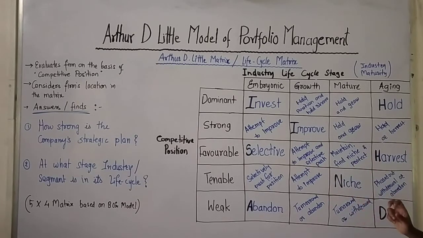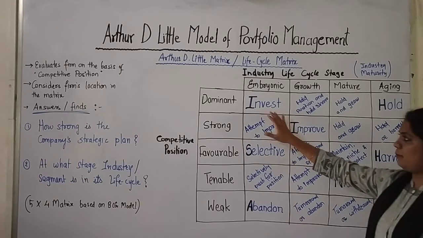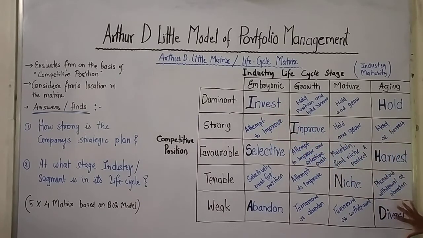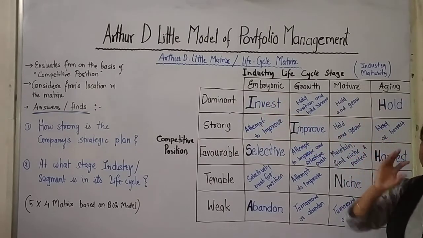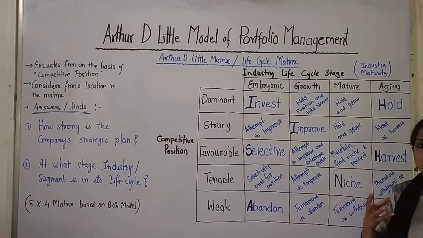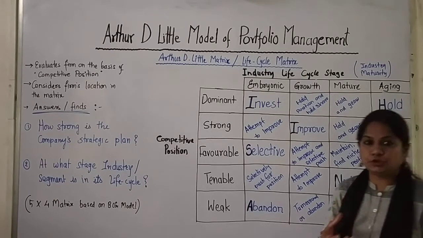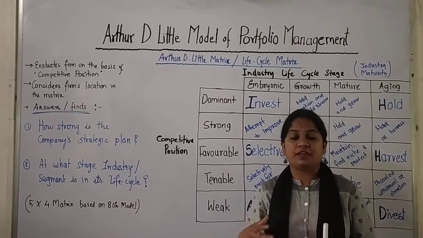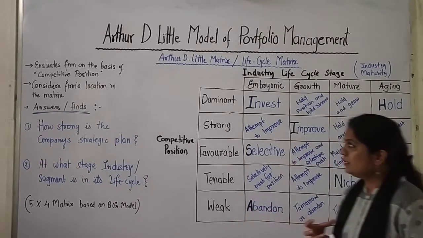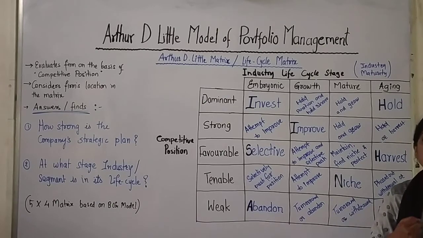So let us start with the first combination, and we will move ahead from top to down. First combination, where the industry is very fresh. It is in the introduction or embryonic stage. Like an embryo which grows very fast in the womb, this industry keeps on growing.